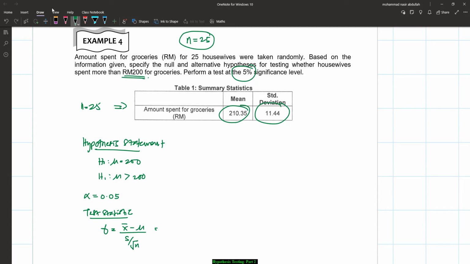Right, so then the mean is 210.35 minus 200, which is our mean, and the standard deviation is 11.44 divided by square root of 25.